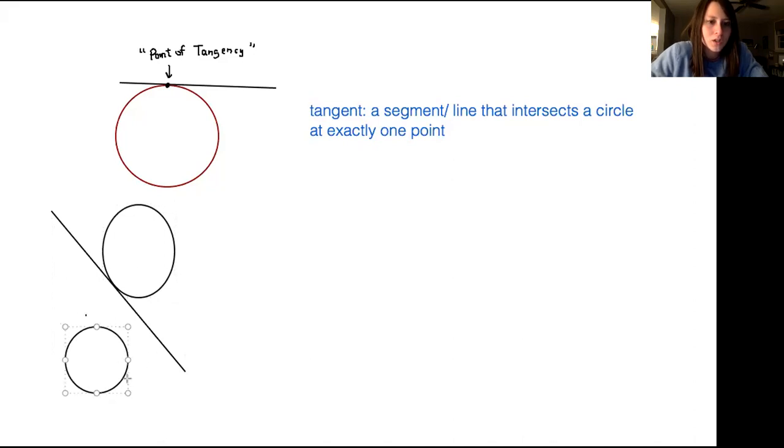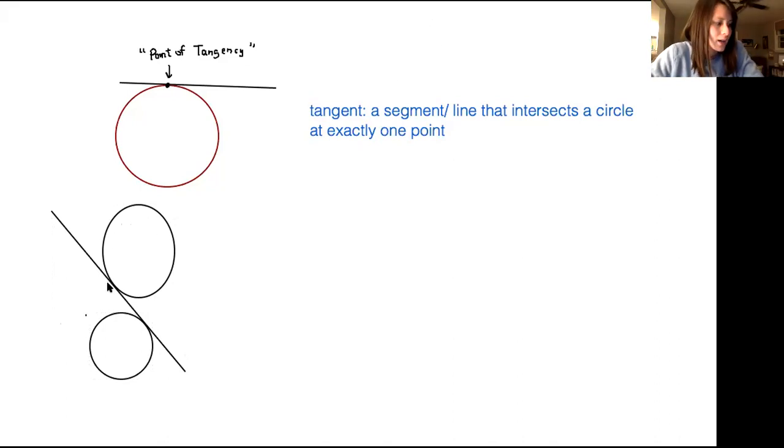I know my circles aren't great. Just barely touching it at one point too. So this would be a tangent, a common tangent, because it's between the two circles. So this would be called a common tangent.